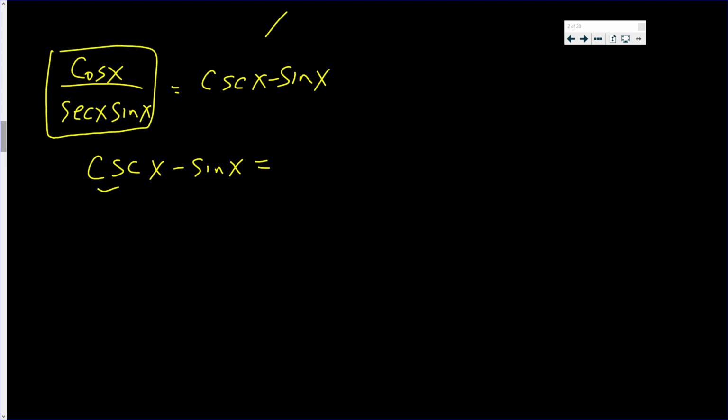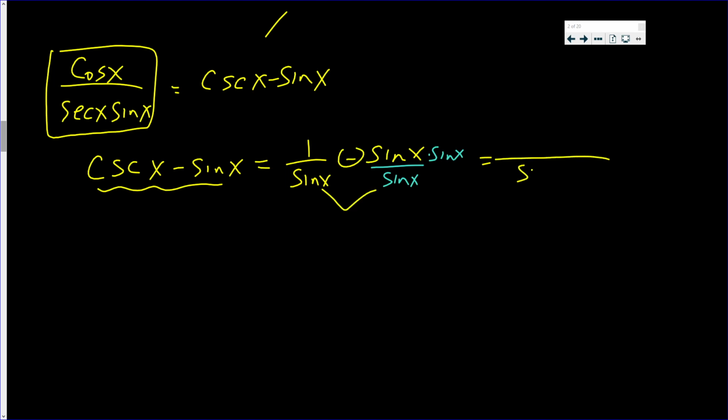So I wrote down the right side, there it is, and cosecant is 1 over sine x minus sine x. So I get a common denominator. I divide by sine x, but then I have to multiply by sine x. So now I'm in subtraction. The denominators are the same.